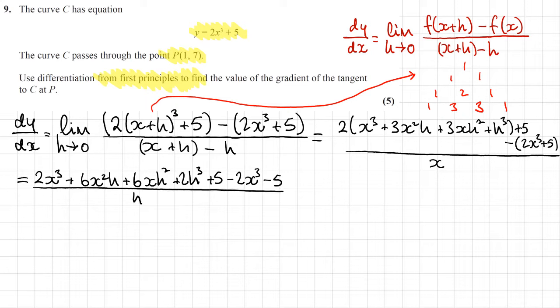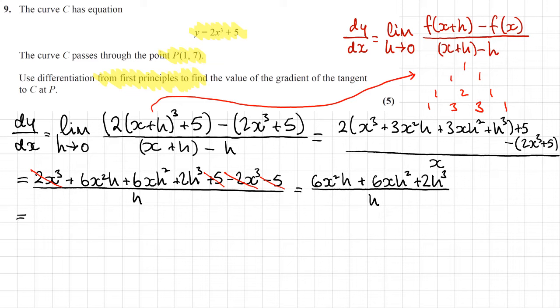I think some stuff cancels out here, so 2x cubed cancels out, 5 cancels out, so that leaves us with 6x squared h plus 6x h squared plus 2h cubed over h.